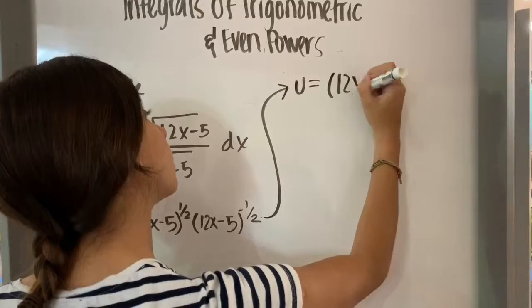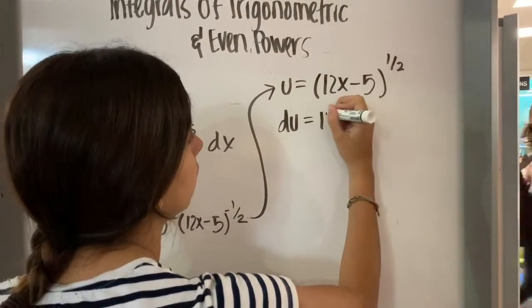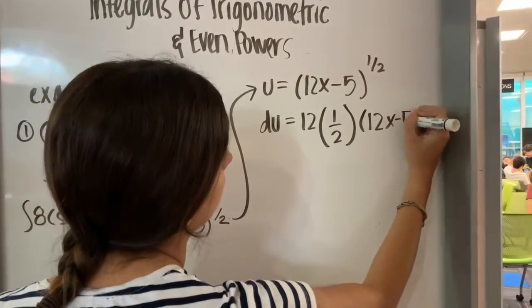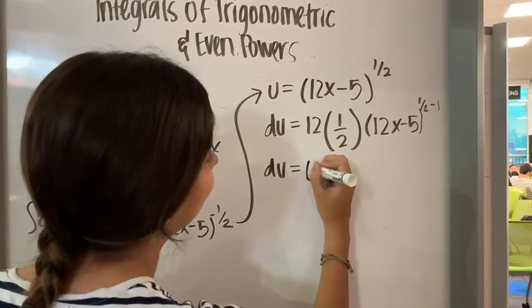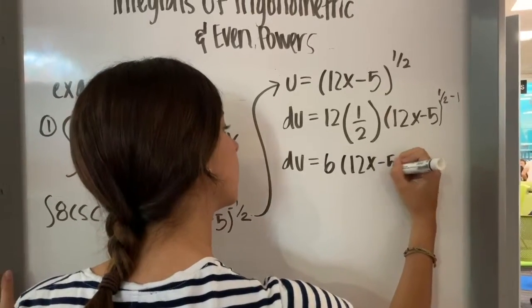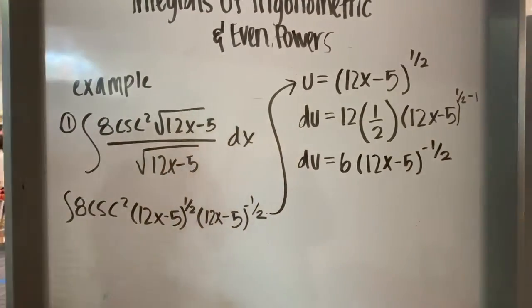The u is (12x minus 5) to the power of 1/2. The u prime would be, we will multiply the power and the u prime, with the power 1/2 minus 1. So now we will simplify. It will be 6 times (12x minus 5) to the power of negative 1/2.